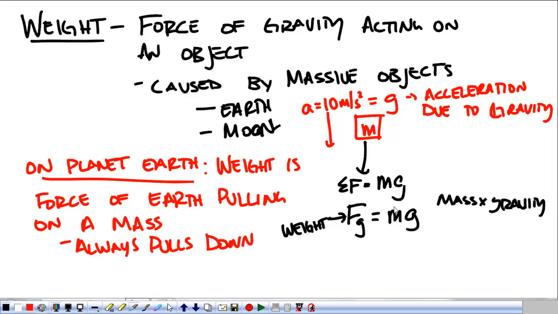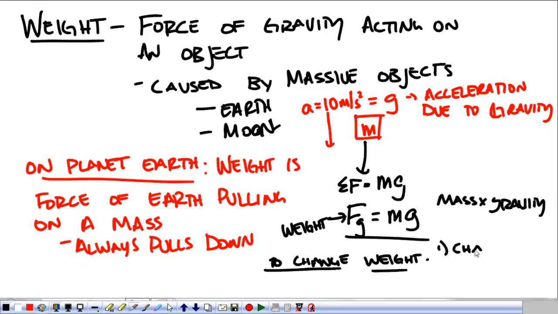An important thing to look at with this is the only way to change weight: you could, one, change the mass, which means you're literally taking something out of the object or putting more stuff into the object.